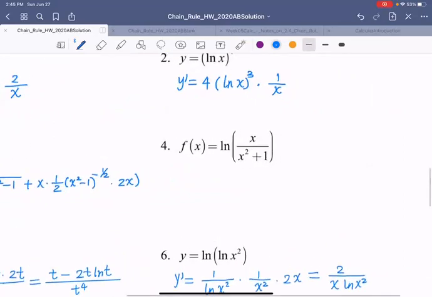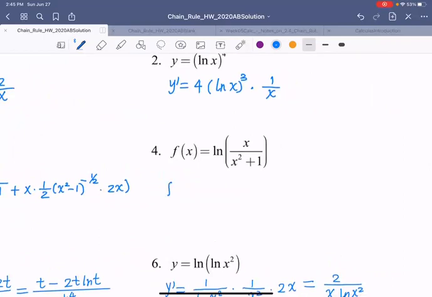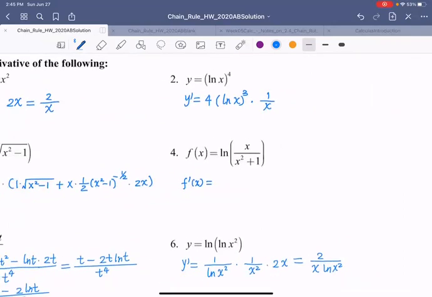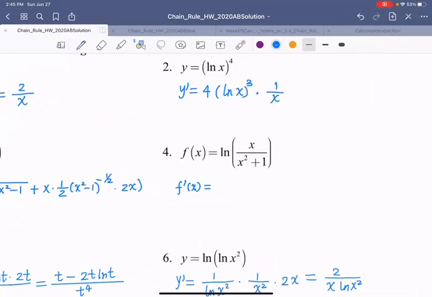Lawrence, let's do number 4. For this you have to do 1 over x squared plus 1, and then x.